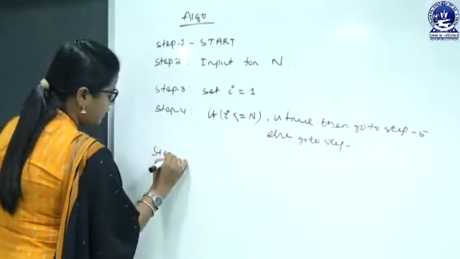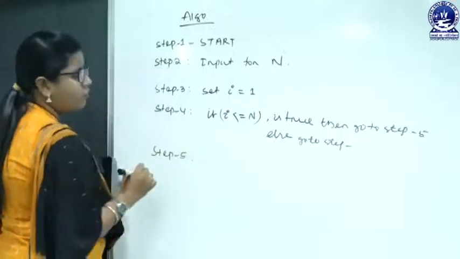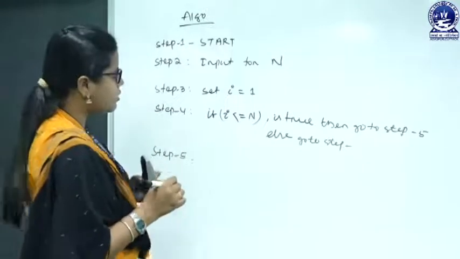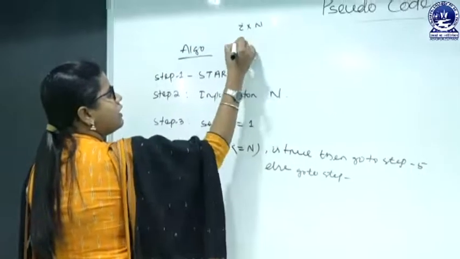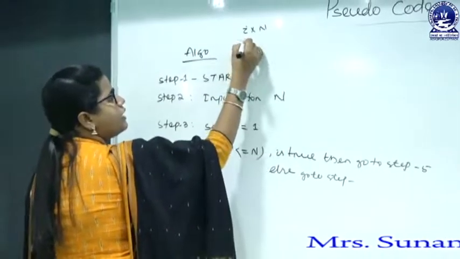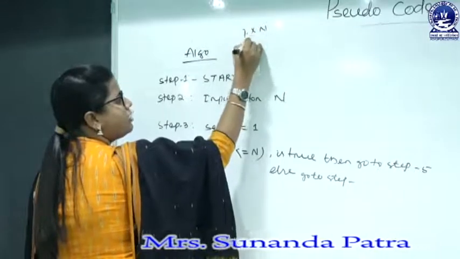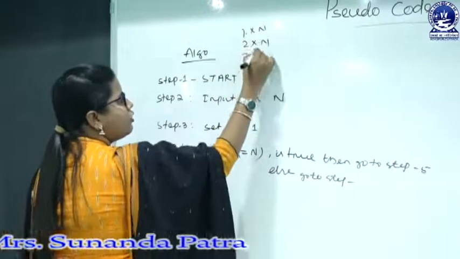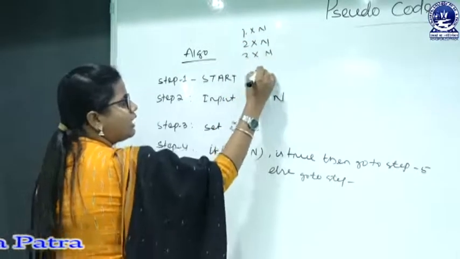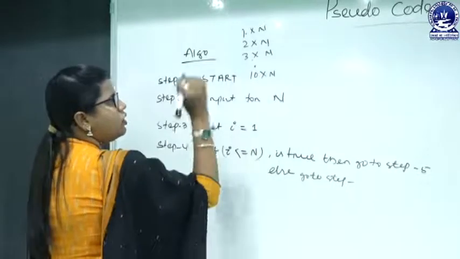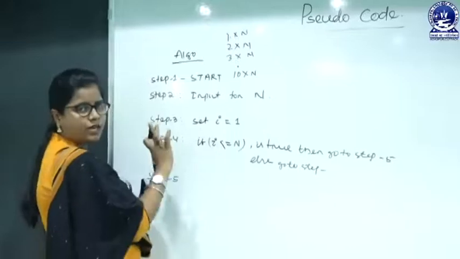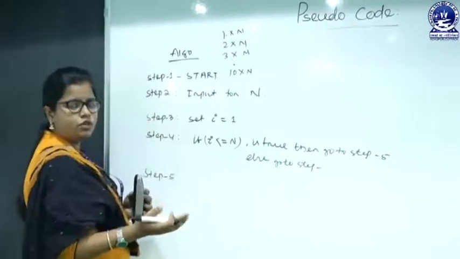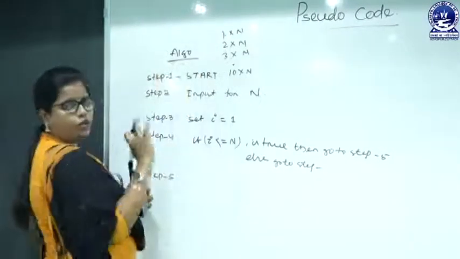Then in step 5 we have to print the multiplication table. That means I into n, then I will be incremented, 1 into n, then 2 into n, 3 into n, like that up to 10 into n. So 1, 2, 3 up to 10 we have taken the variable I. So basically we need to display I into n.